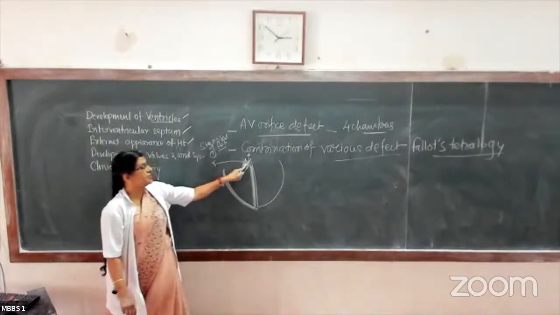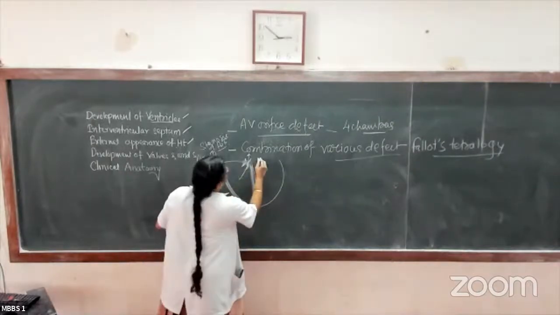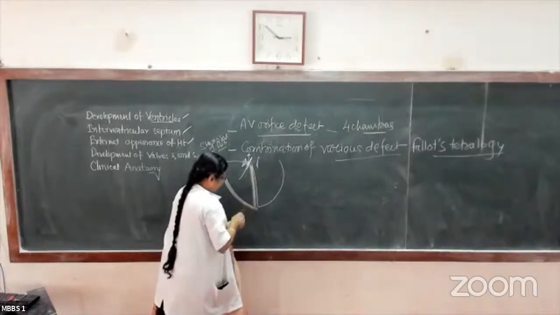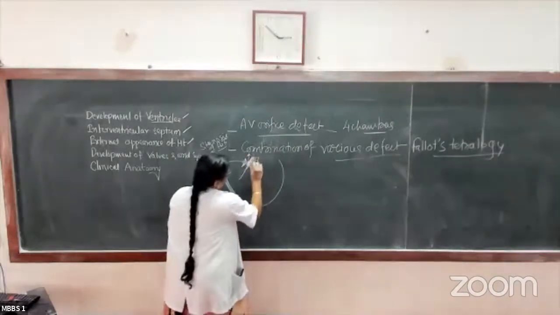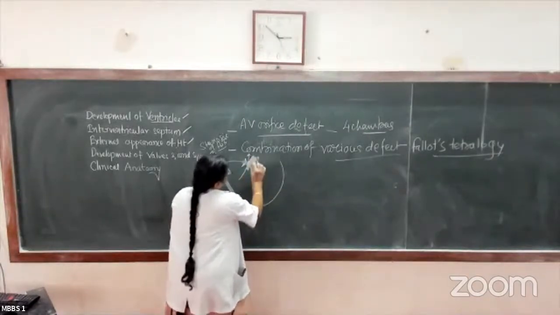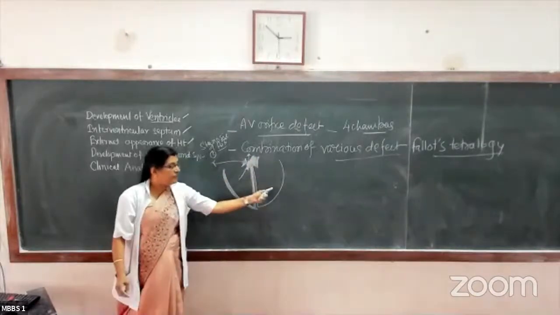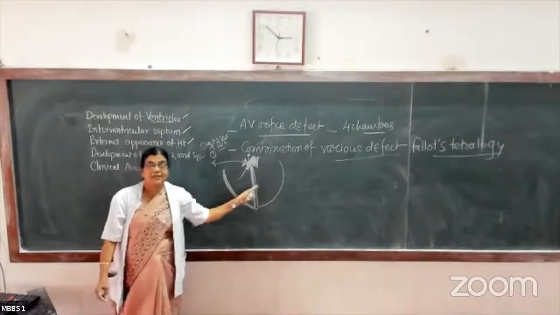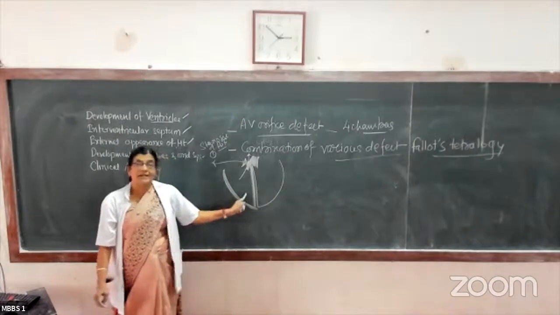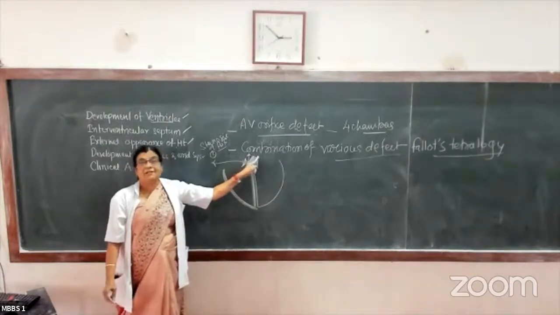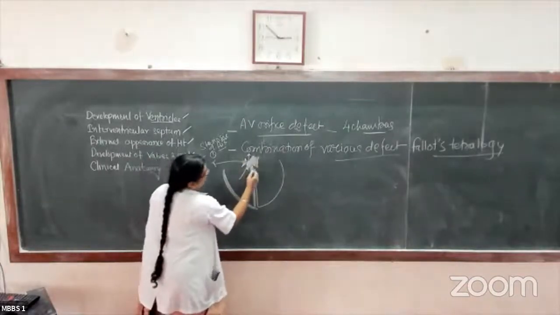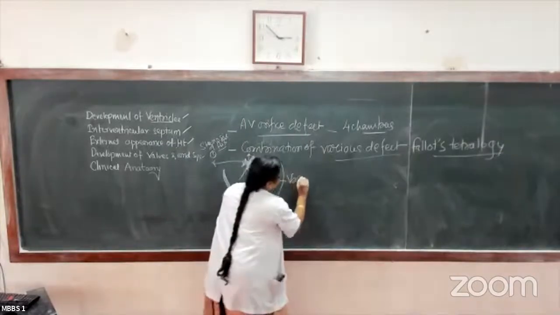As there is a stenosis of the pulmonary artery, the aorta will come and override the right as well as the left ventricle. So this is the aorta. So the aorta will carry blood from the left as well as the right side. So it is again mixed blood. On the left side you will get pure, oxygenated blood, and on the right side deoxygenated blood, which will be carried by the aorta. Along with this, as the aorta is coming here, there is a ventricular septal defect.